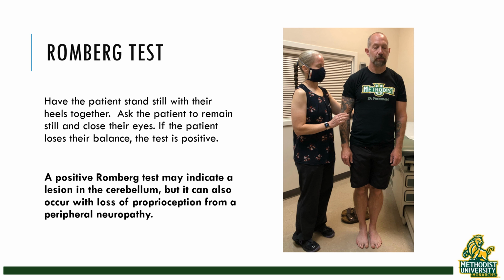A positive Romberg test might indicate a cerebellar lesion, but it could be a problem with the semicircular canals or with proprioception. Other symptoms and findings will help you determine which it is.